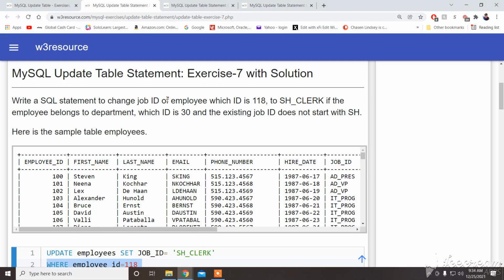Okay, descending the hierarchy: of employee, which ID is 118.